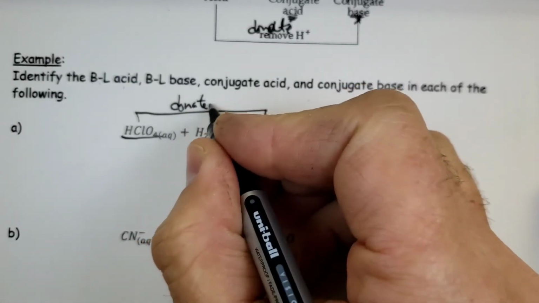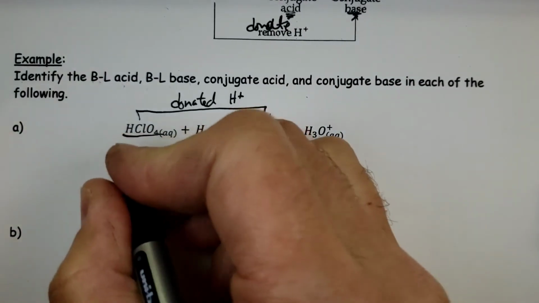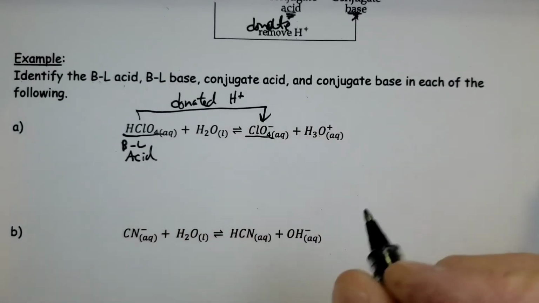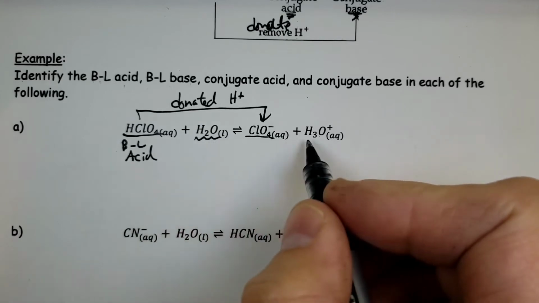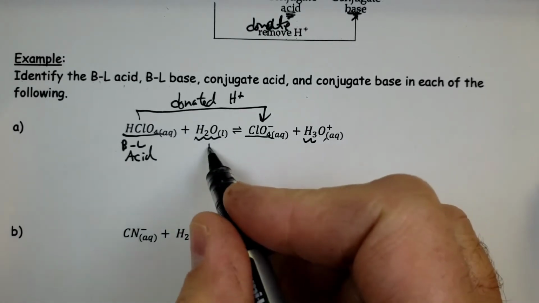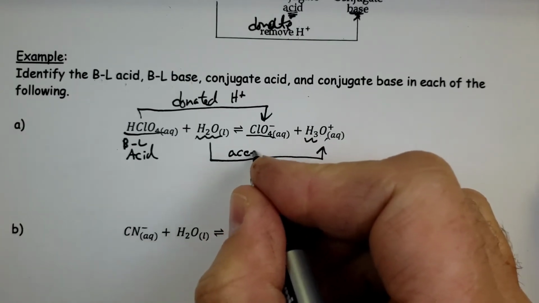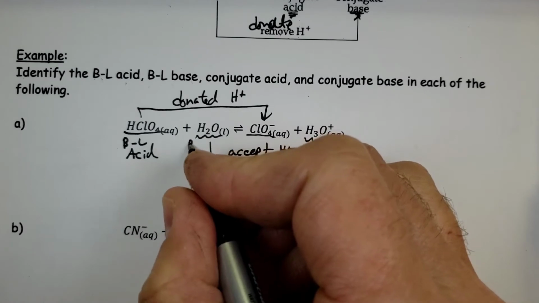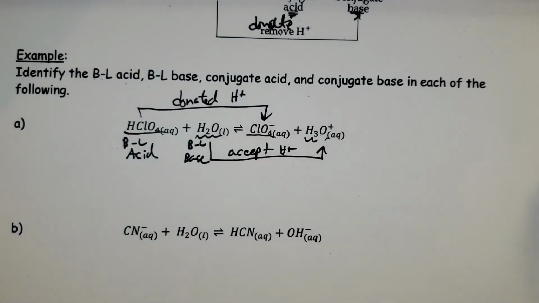So we can say donated an H plus, and of course something that's donating is an acid. And then going from here, H2O to become H3O, we accepted an H plus, and anything that accepts an H is a Bronsted-Lowry base.